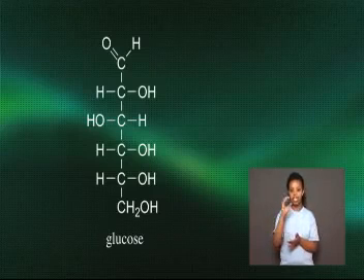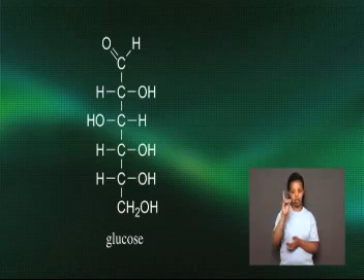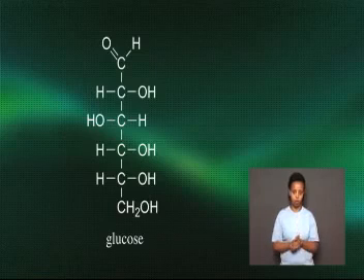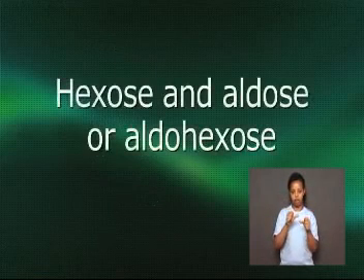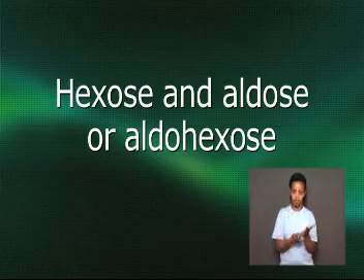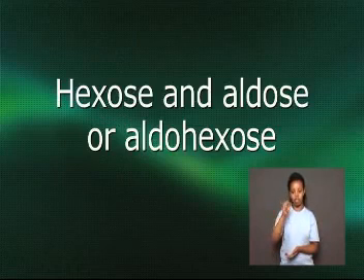C1 is part of an aldehyde group, and each of the other 5 carbons has 1 hydroxyl group and 1 hydrogen atom. The remaining bonds of the back carbons are formed by hydrogen atoms H. Therefore, glucose is a hexose and an aldose, or an aldohexose.